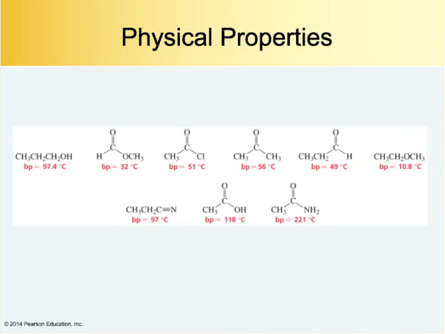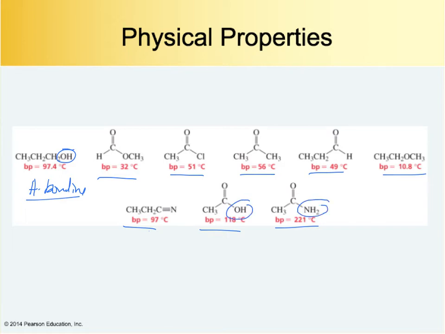Because of that, it's a polar bond. If you look here at alcohol, it's really high boiling because of hydrogen bonding with itself, that OH. Looking at esters and these others, there are interesting things going on too. I would highlight anything that can do hydrogen bonding: carboxylic acid and amide with NHs have super high boiling points.